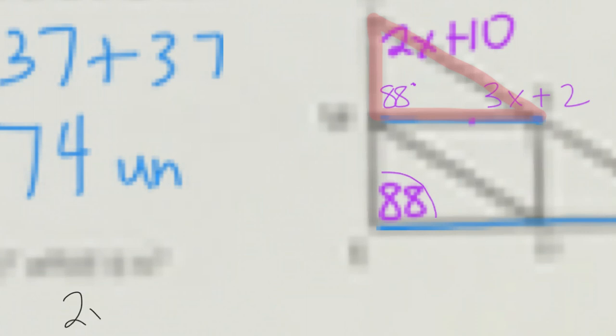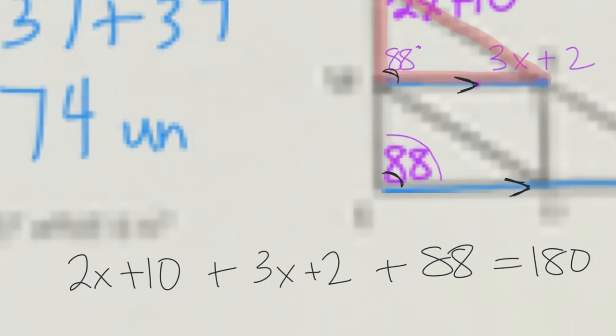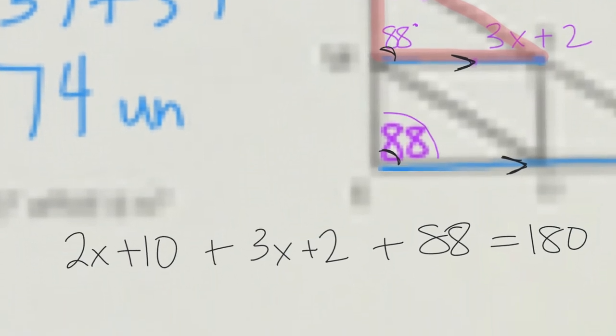So I've got 2x plus 10 plus 3x plus 2 plus 88 equals 180. Because this is a mid-segment, it's parallel to the base. So these 88 degree angles are corresponding angles, which is why we're able to make this equation.